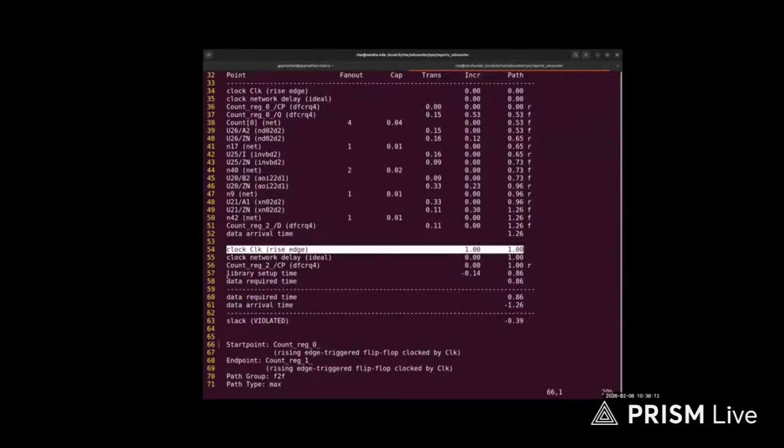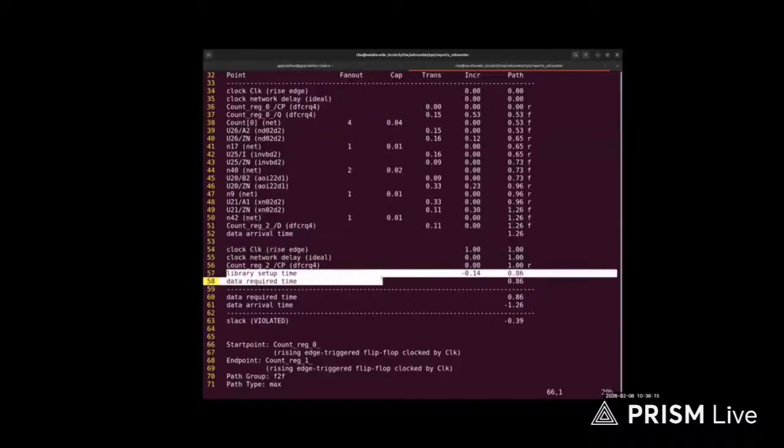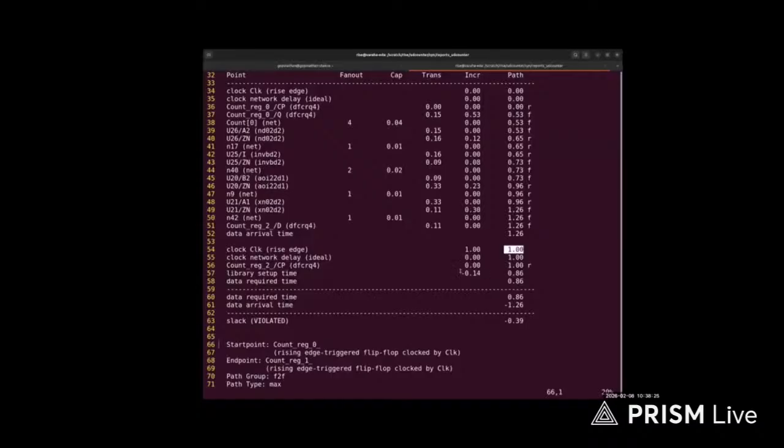And there is a default library setup time which will be consumed, which is 0.14 for this particular design. So your total required time now reduces to 1 minus 0.14, which is 0.86. That is your total required time that you have right now in your hand. After the library setup, the remaining time will be left over to you.